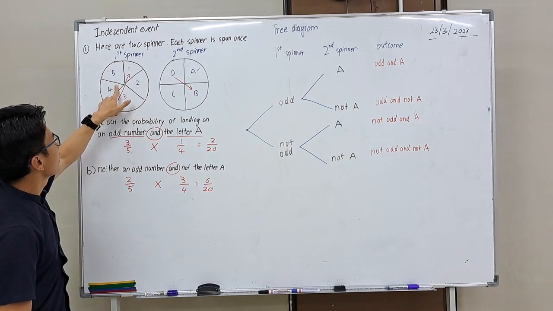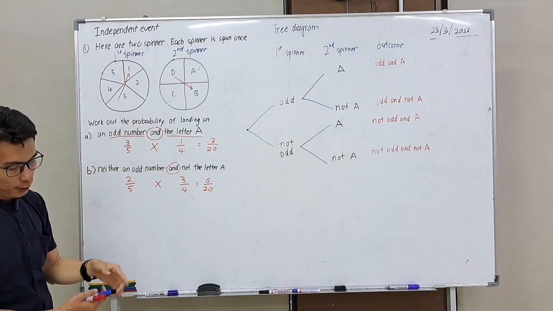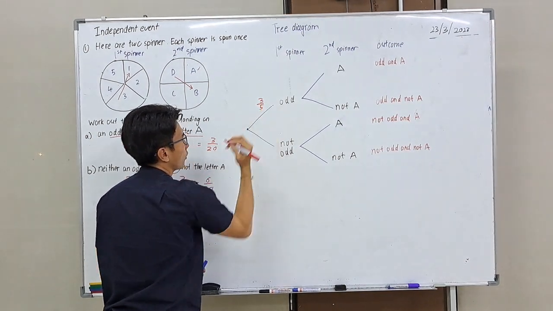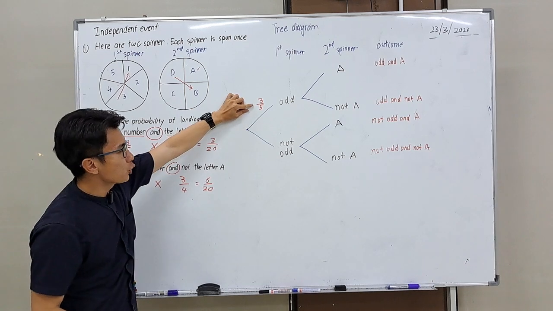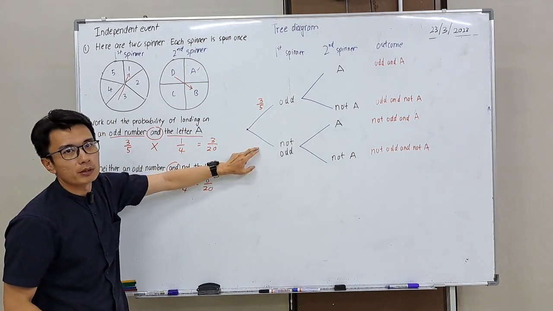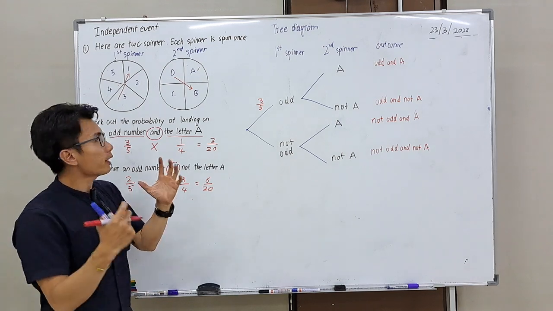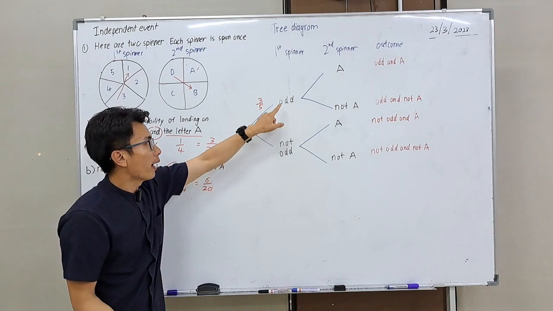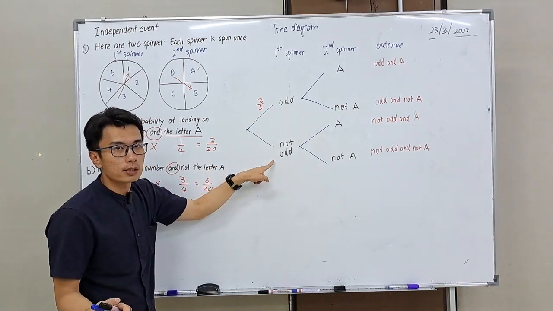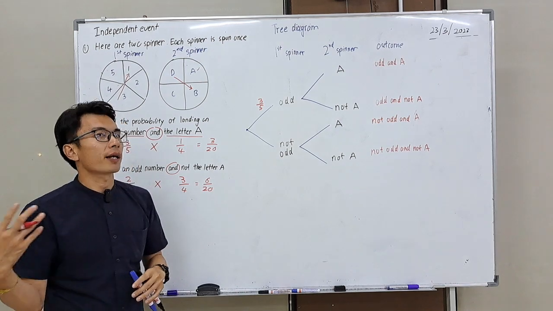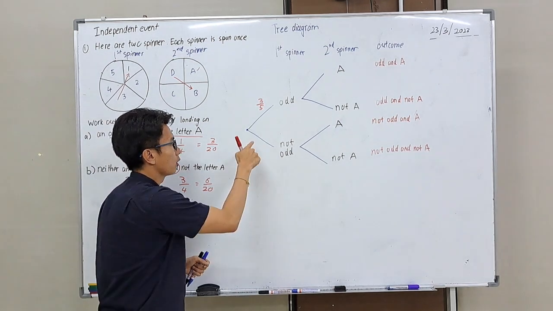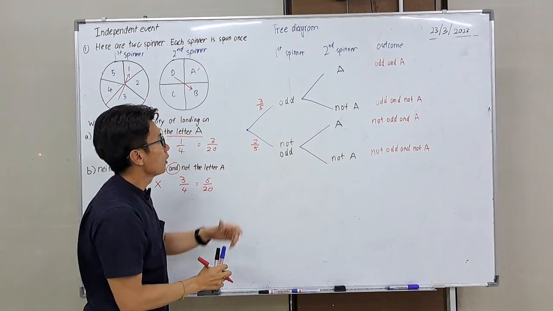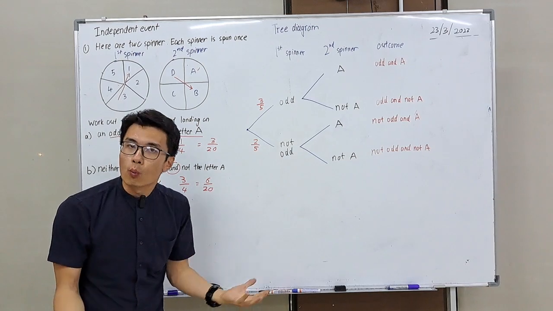There are 3 odd numbers in the first spinner, so this is gonna be 3 over 5. What is the probability over here? In my first spinner, the events are mutually exclusive, right? I will either get this or I will get this. The maximum probability is always 1, so the probability over here is going to be 2 over 5. This plus this is equal to 1.